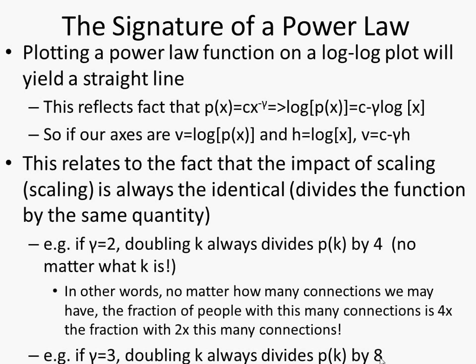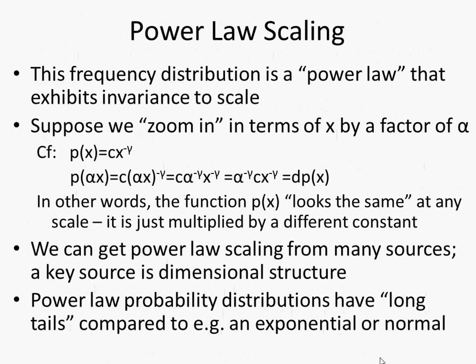The heavy tail exists, so even if you go out from 100 to 200, you still are only dividing it by 4, say, if gamma is 2. Another way to view it is if you zoom in or zoom out by a factor, it looks the same, at any scale. If you increase your view in terms of number of connections, you still get the same sort of decrease.